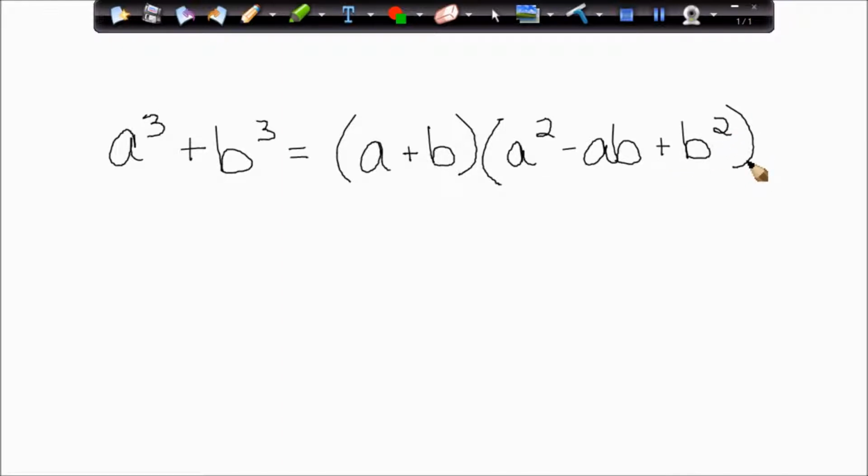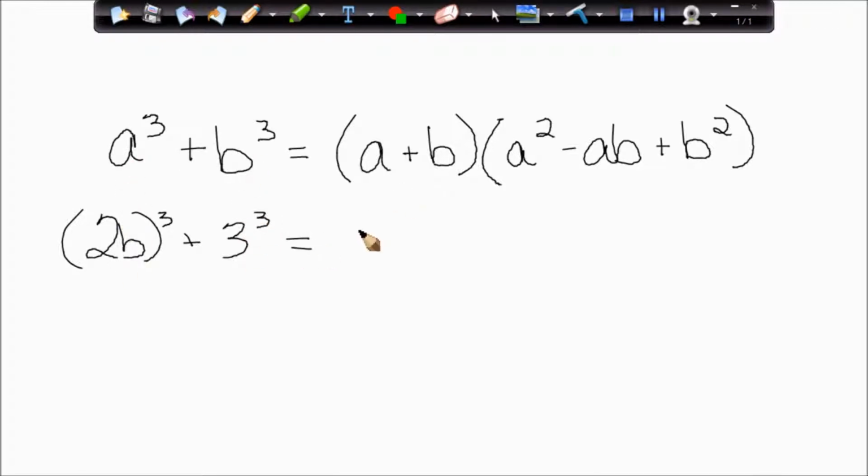Okay, so let's use this formula. In our problem we have 2b here, and we have 3 here. Okay, so our a is 2b and our b is 3.